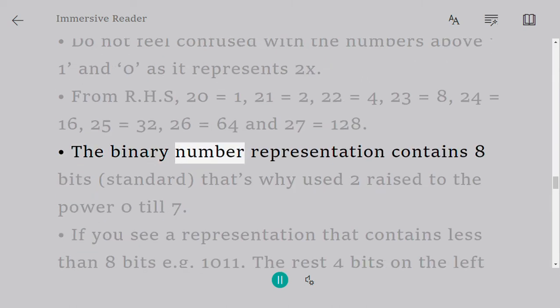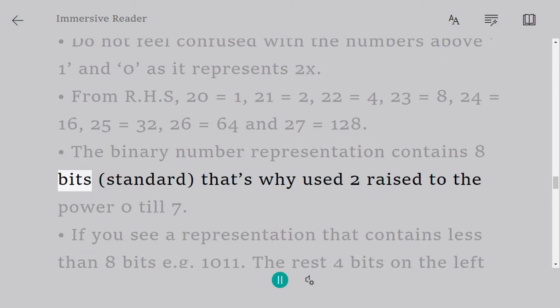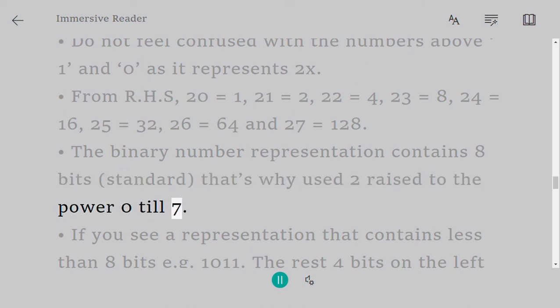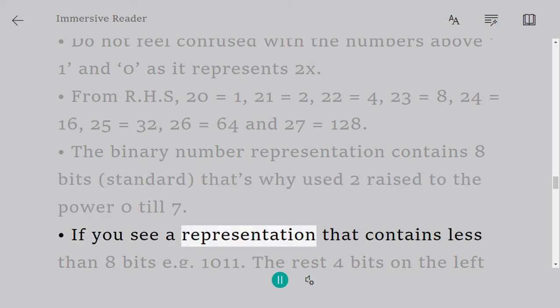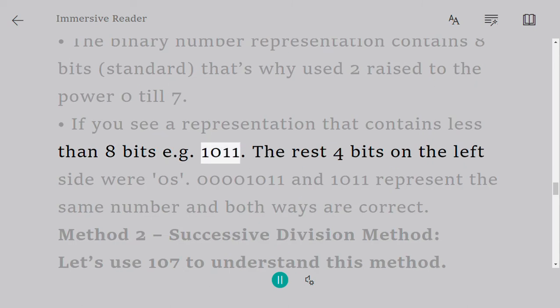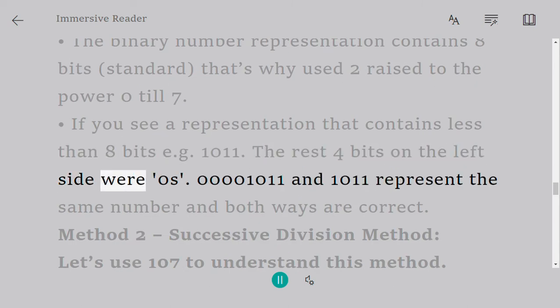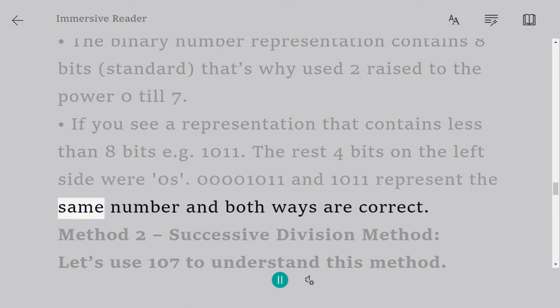The binary number representation contains 8 bits as standard, that's why we use 2 raised to the power 0 till 7. If you see a representation that contains less than 8 bits, e.g. 1011, the rest 4 bits on the left side were zeros. 00001011 and 1011 represent the same number and both ways are correct.